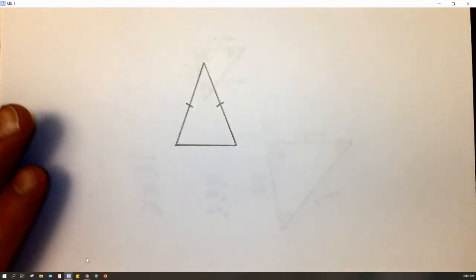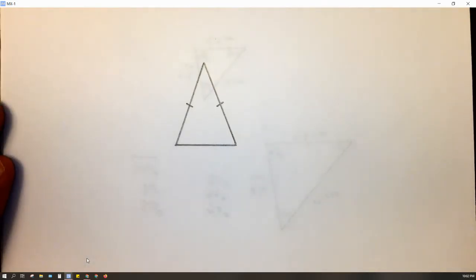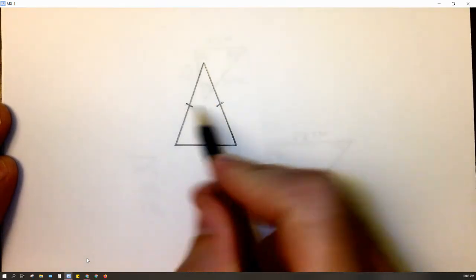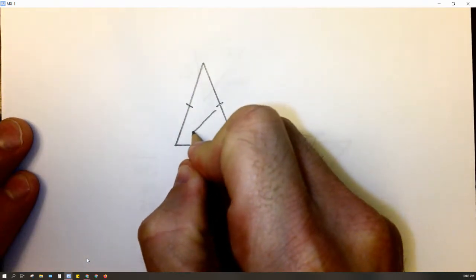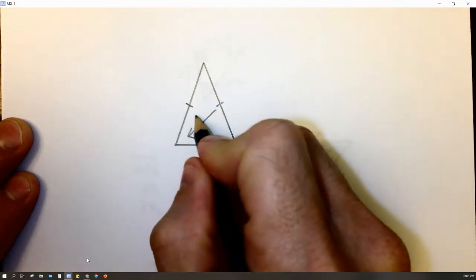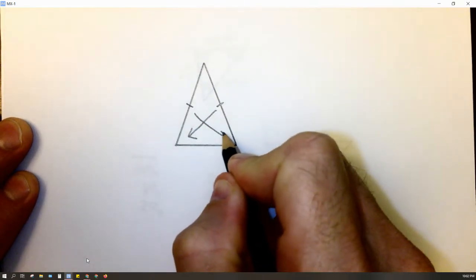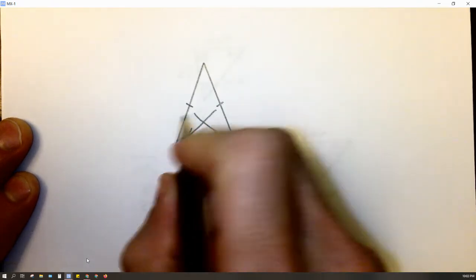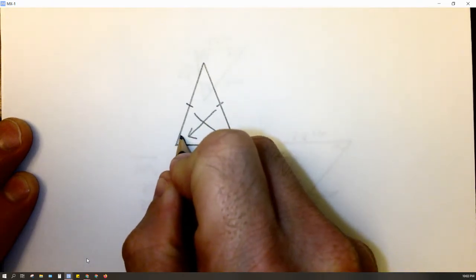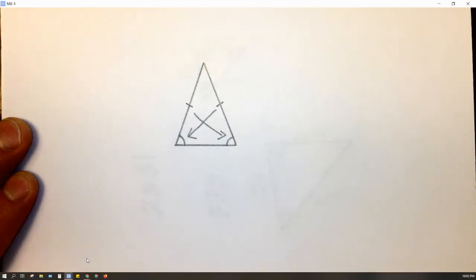Here's an isosceles triangle. A property of isosceles triangles is this. If you have isosceles triangles, the angles that are opposite of the congruent sides have to be congruent to each other. So whatever the measure of this angle over here has to be the exact same thing, no matter what it is.